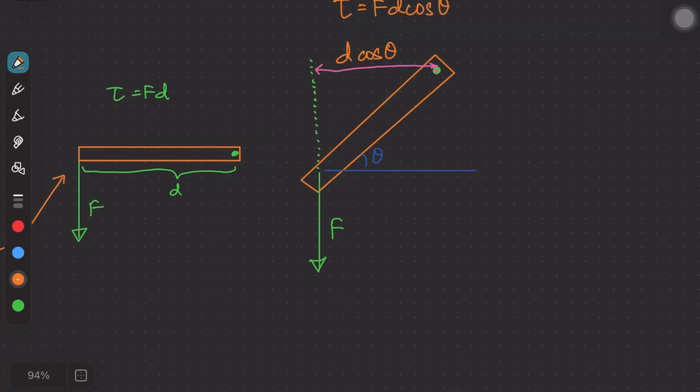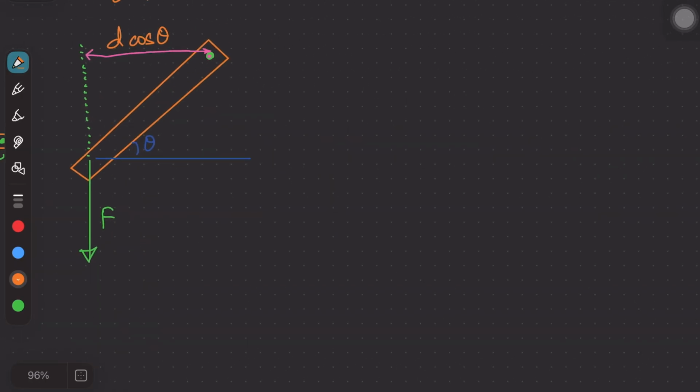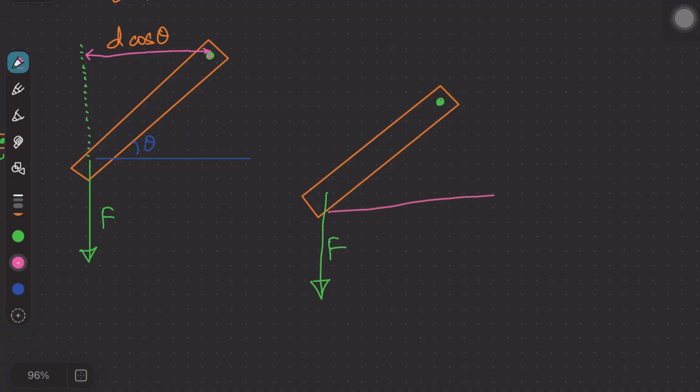Okay, let's give one more example. Let's say similarly, we have a tilted stick with this force F acting on it, and we are trying to find its moment about this point. Since this is given by theta, we can also resolve our force with respect to these two directions.